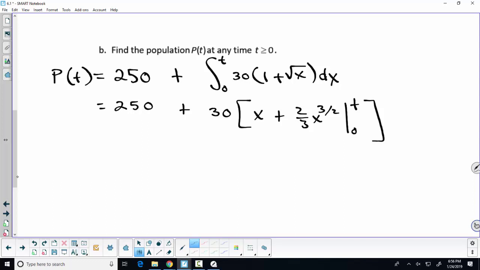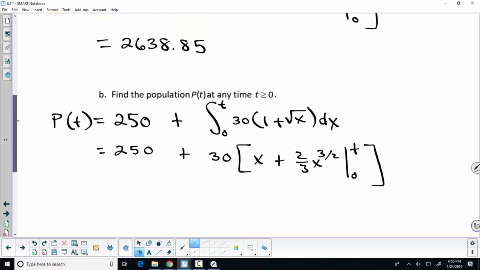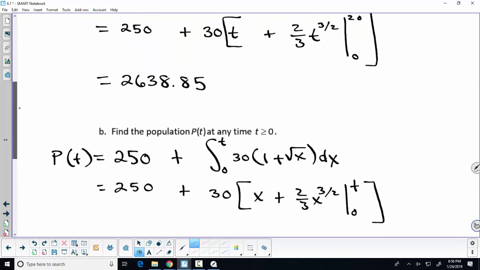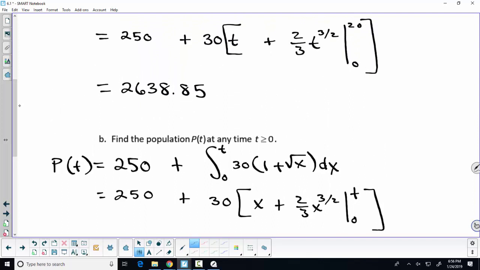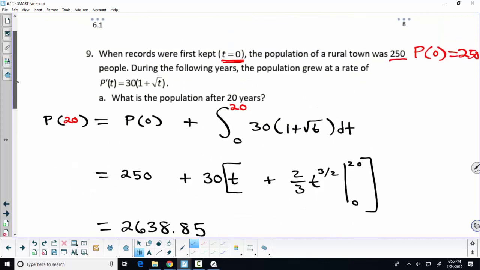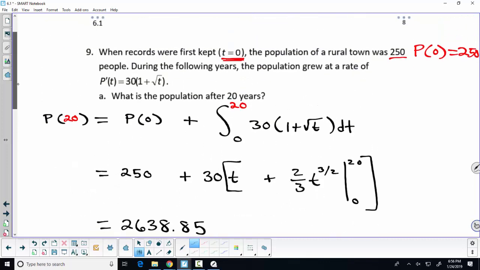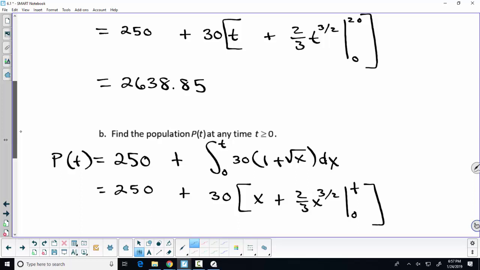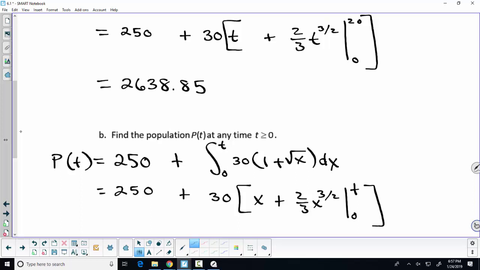Would you round it to a whole number when you have the 2,638.85 people, because you can't have 0.85 of a person? Yeah. So it'd probably be more reasonable to say, the question didn't say round to any decimal places, but that's a more realistic interpretation of that number.